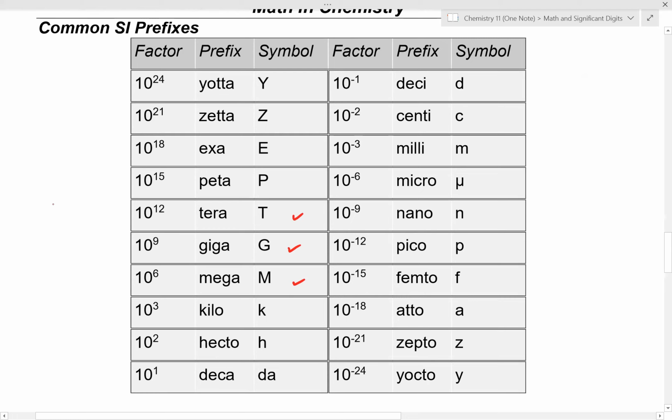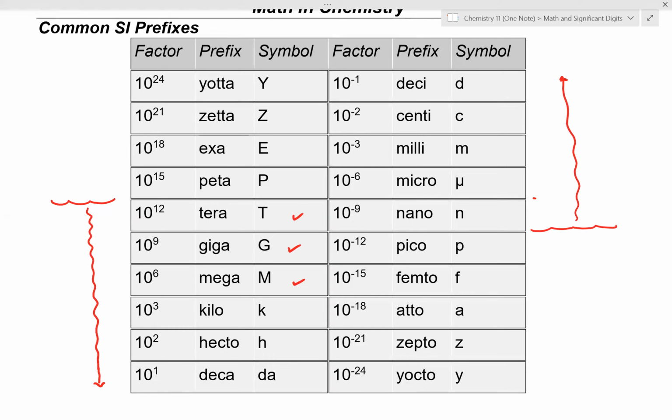So what I'm going to ask you to be aware of is everything from 10 to the 12 all the way to about, I believe, nano. You should be aware of that. Okay, so if I said something was micrograms, you should know that that means it's 10 to the negative 6 grams.